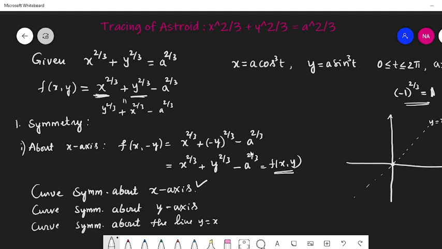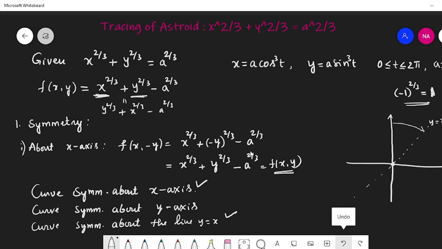So next point is symmetric about the line y equal to x. So symmetric about the line y equal to x means whatever the graph you get in this region, same thing should be reflected in this region. So whatever graph you get in this region between the line y equal to x and y axis, same thing should be reflected in the below region.